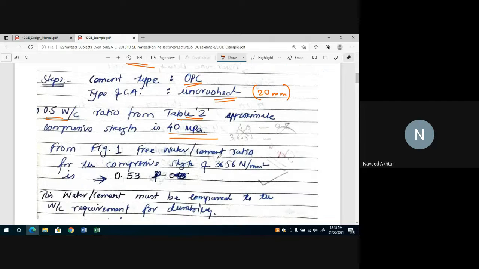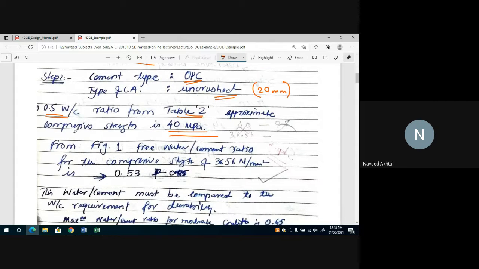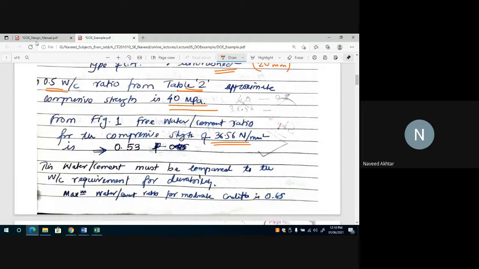Now we have to find the water to cement ratio for our target mean strength, which is 36.56 Newton per mm square. So we have to go to figure number 1.